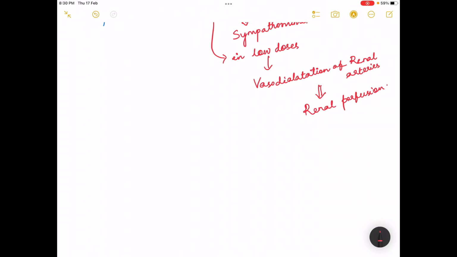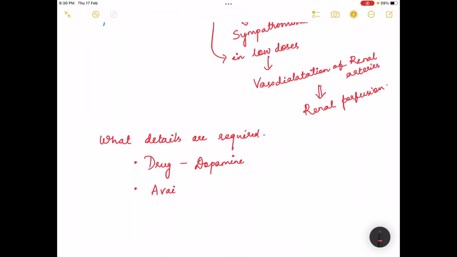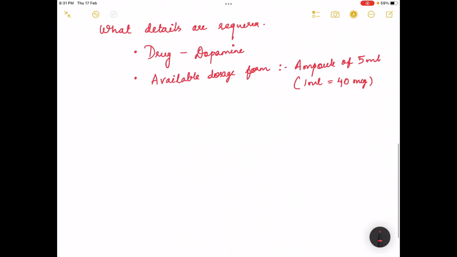So what are the details that we require? One is the drug, that is dopamine. Second is the available dosage form, that is an ampule of 5 ml, and 1 ml contains 40 microgram of dopamine.